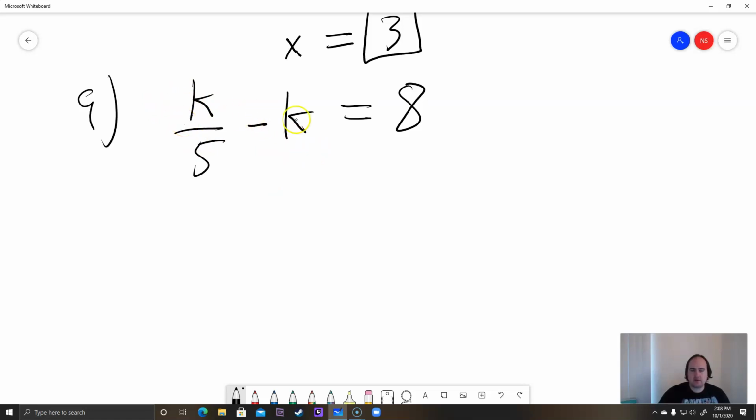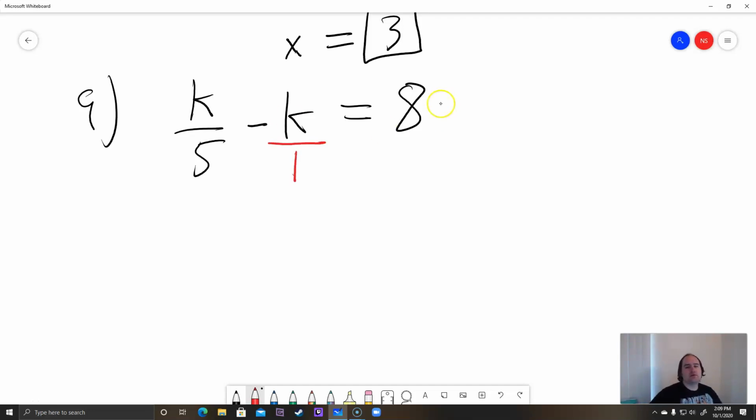So what you're going to have to do here is combine like terms on the left side, but in order to do that, you're going to have to build these to the same denominator. And what's the denominator for the negative k if they don't write it? Well, hopefully you remember if they don't write the denominator, it's automatically 1. So that's actually negative k over 1.